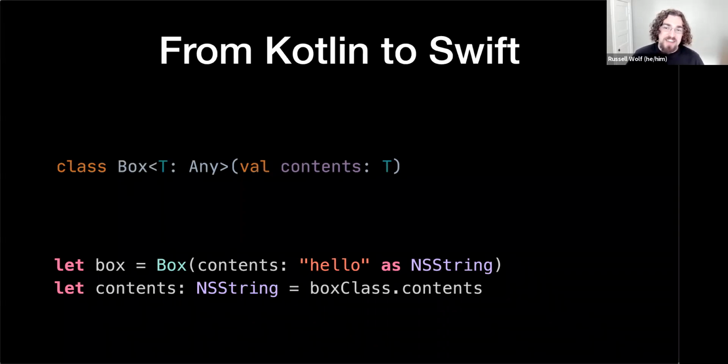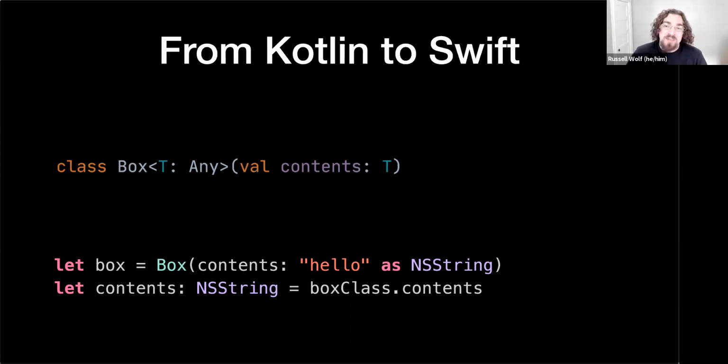If our generic has a non-null upper bound, then we can read things out of that box class and Swift will know that it's not null. That's generally a good practice if you're exposing generic arguments to your Swift code. Giving them a non-null upper bound will generally make them easier to work with.